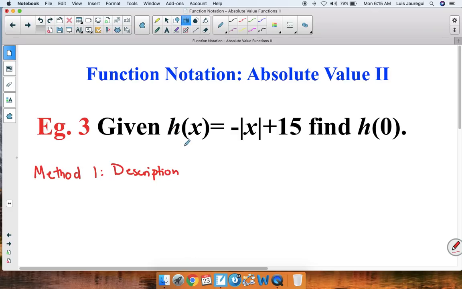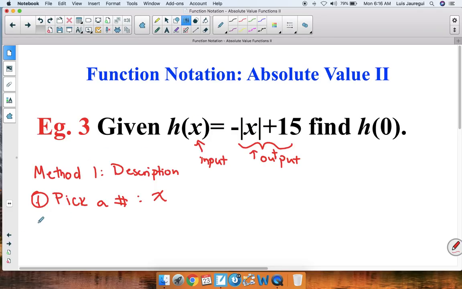Now notice that in order for us to generate the function h of x, we take x as our input, and we're going to get the opposite of the absolute value of x plus 15 as our output. Now let's describe that. The first thing we're going to do is to pick a number. That's your selection of your input. In this case, our input is x. Now to that x, you're going to take the absolute value. So that's step 2. Take its absolute value.